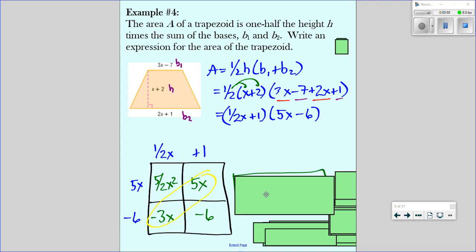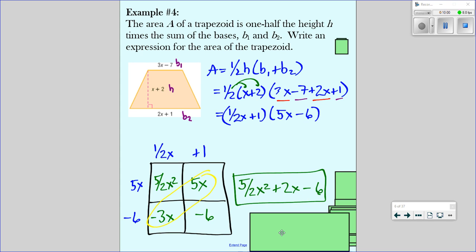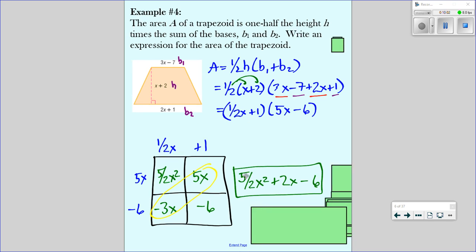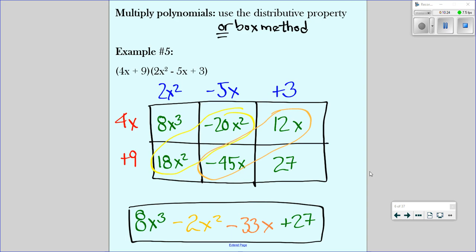So then that will give me 2x, and then I put it all together. Positive 5 over 2, x squared, plus 2x minus 6. And there you go. You have the area of the trapezoid. Right. Nothing to it. If you know which method you like and you do it right, you will get your correct answer. Right. So let's go on to the next.